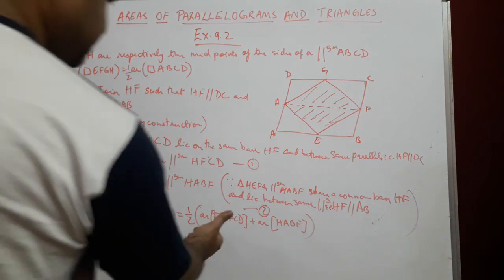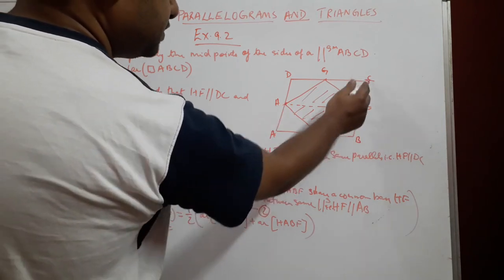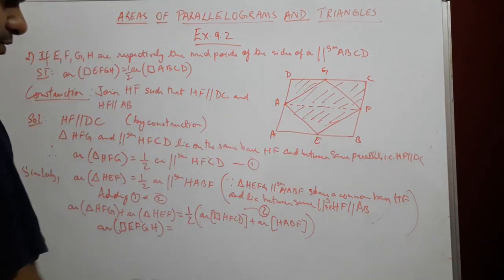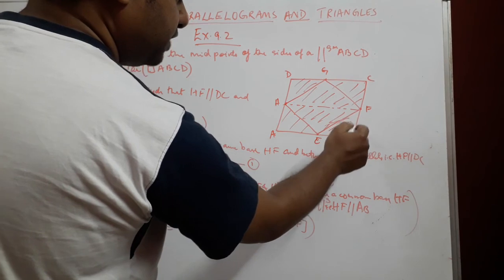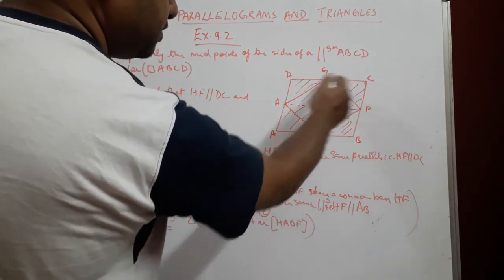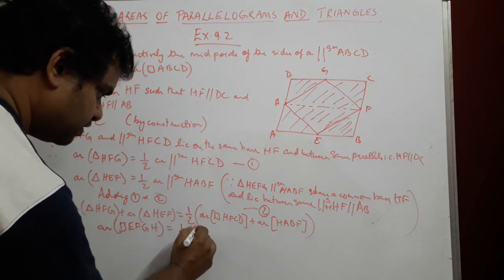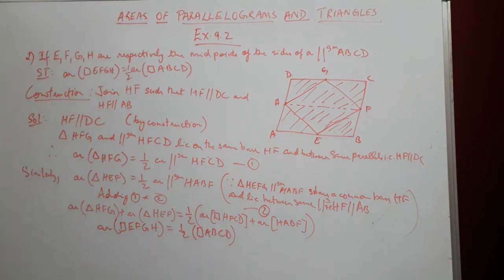Similarly, if we look at this part, HFCD is the top part, this entire part, and HABF is this bottom part. When you add these two together, we get the big quadrilateral ABCD. So this is equal to half of quadrilateral ABCD, and that's what we are actually asked to prove: that the area of quadrilateral EFGH is equal to half of the area of quadrilateral ABCD.